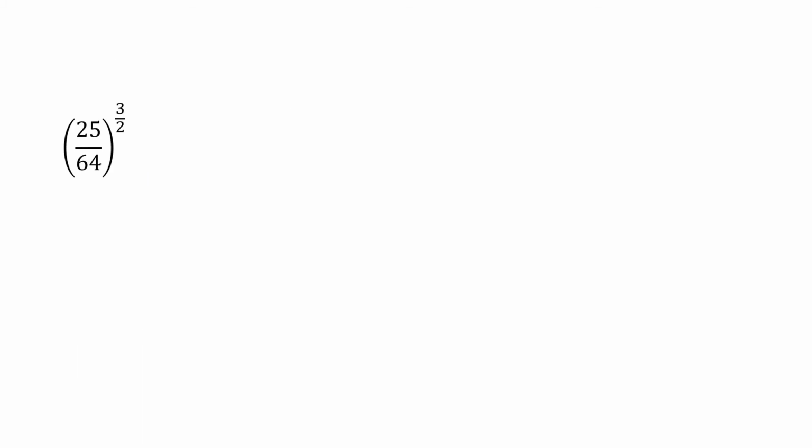Another question, 25 divided by 64, exponent 3 by 2. So let's factorize the numerator and denominator of the fraction. 25 is divisible by 5, and 5 fives are 25, so we write two 5s.